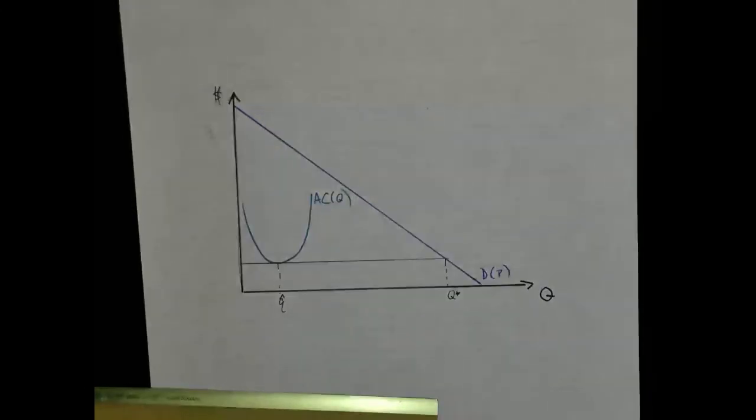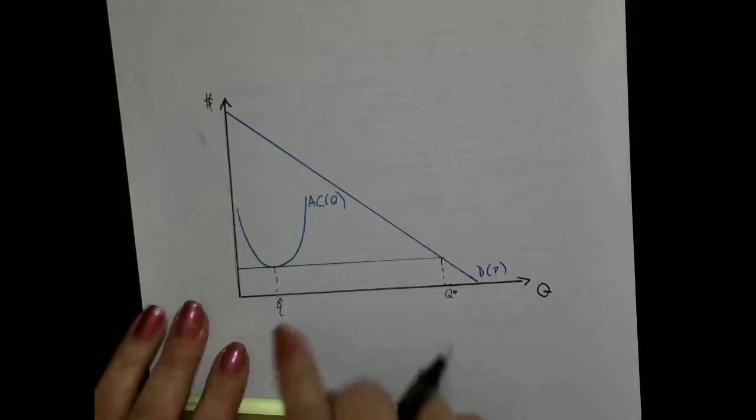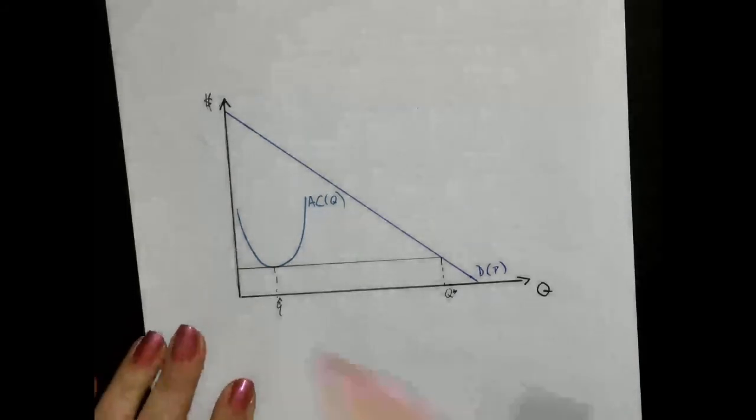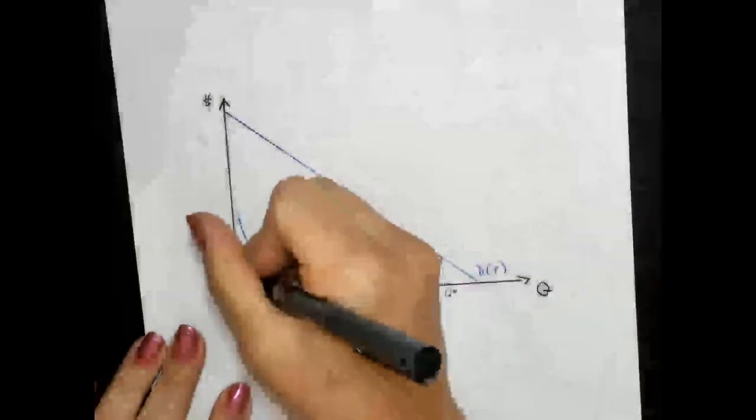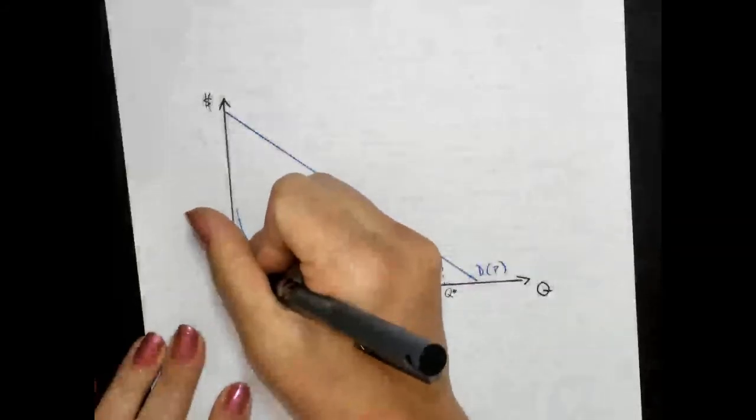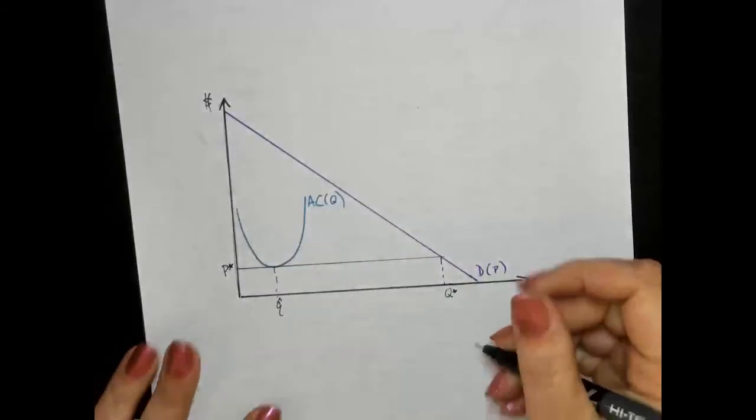So let's go into the questions. Graph the effect of a price regulation where the price is set above marginal cost. We want to indicate the competitive equilibrium price, quantity, and efficient scale. Well, they already did that. That's the efficient scale quantity. That is the competitive equilibrium quantity. And the competitive equilibrium price is going to be P star right there.